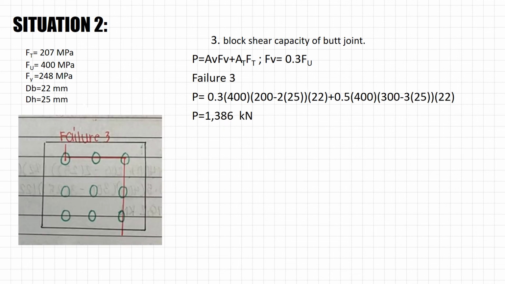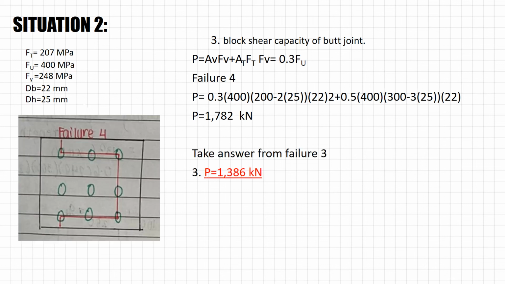So next is dito sa failure 3. Failure 3, same lang din ako kanina. P is equals to 0.3 multiply by 400 multiply by 200 minus 2 multiply by 25 multiply by 22 plus 0.5 multiply by 400 multiply by 300 minus 3 multiply by 25 multiply by 22. So P is equals to 1,386 kilonewton. And for number 4, ganun din. Ulitin lang natin.